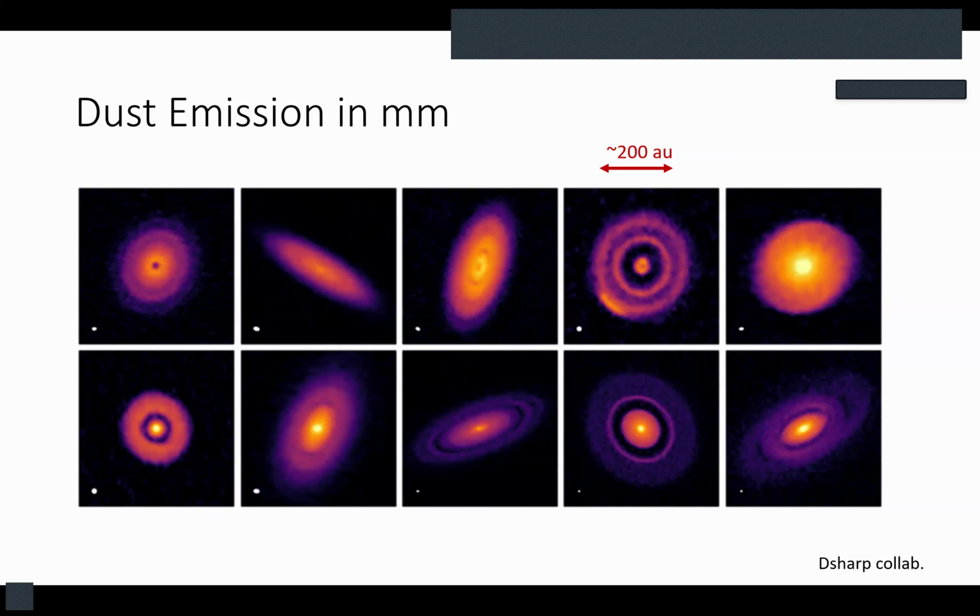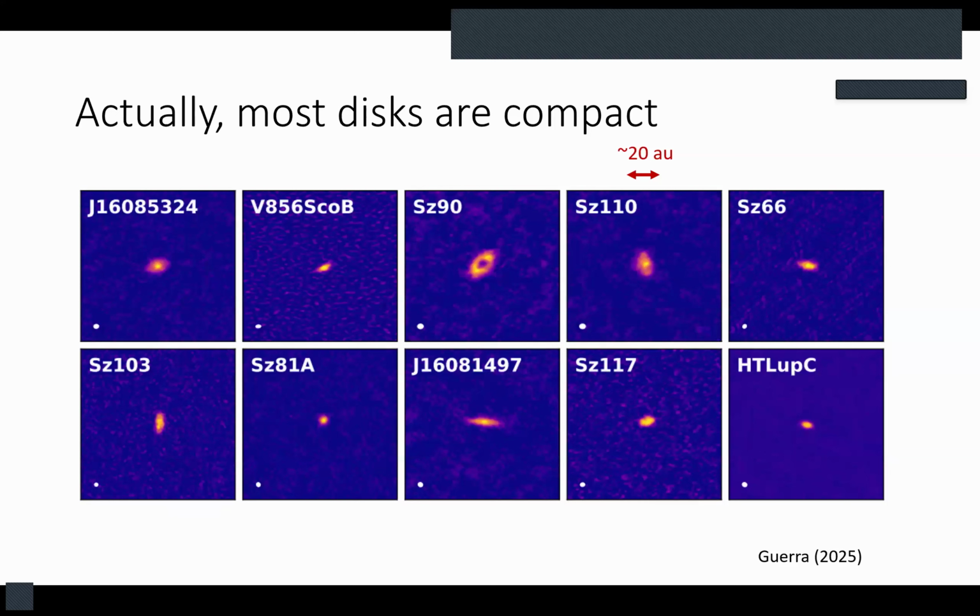With more and more observational data, we have a more complete sample, and we found that most disks are compact, with a size of about a few tens of AU, much like our solar system.